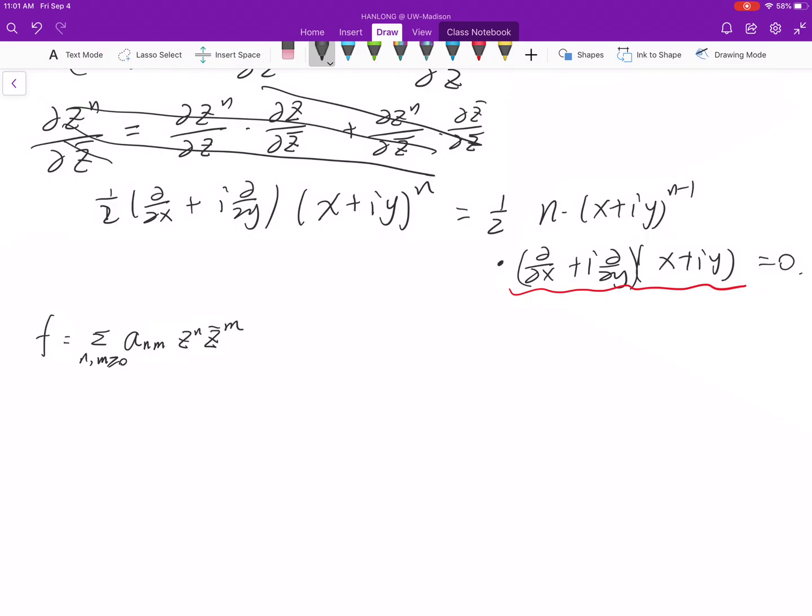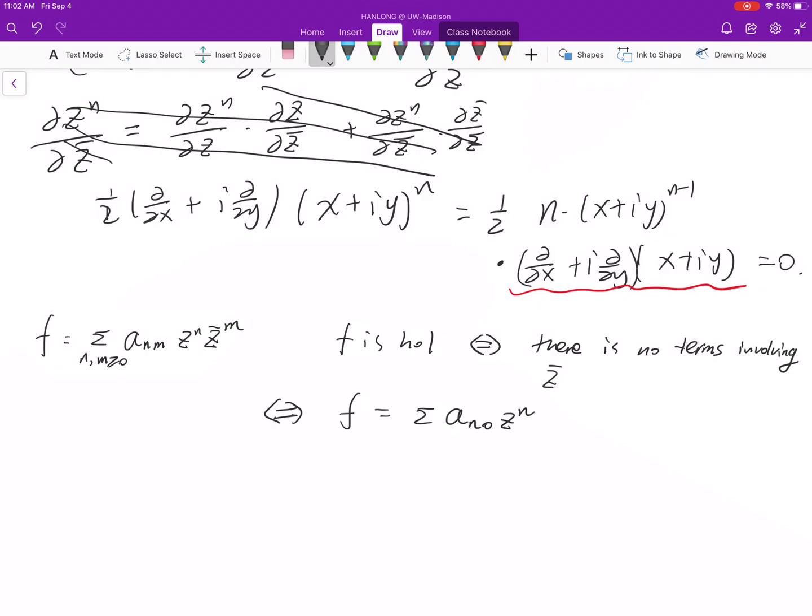This is any real analytic function, a power series, and f is holomorphic if and only if there are no terms involving z bar, or f is just a summation of powers of z, z to the nth power.